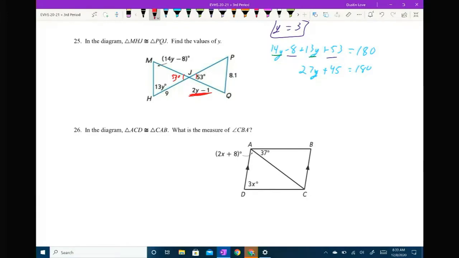Subtract the 45 on both sides. Gives me 27y is equal to 135. And then we're going to divide both sides by 27. Therefore, y is going to equal 5. That looks like a y. Sorry, that's a 7.